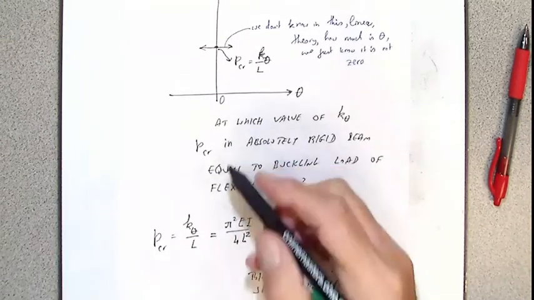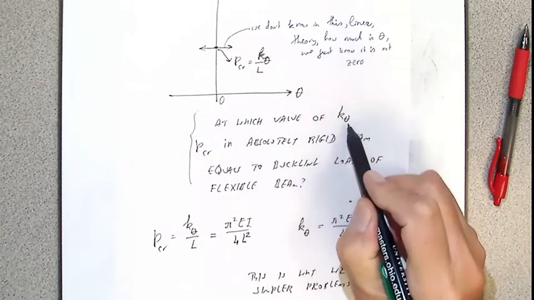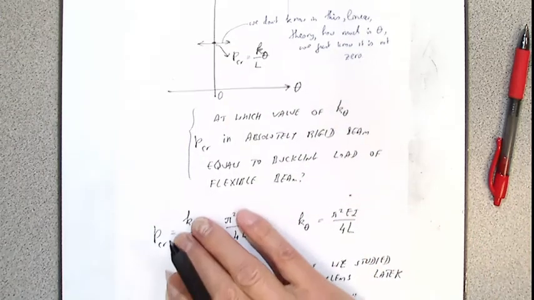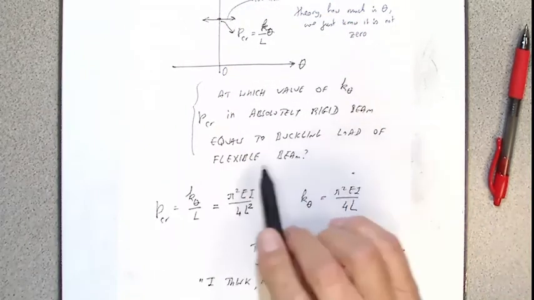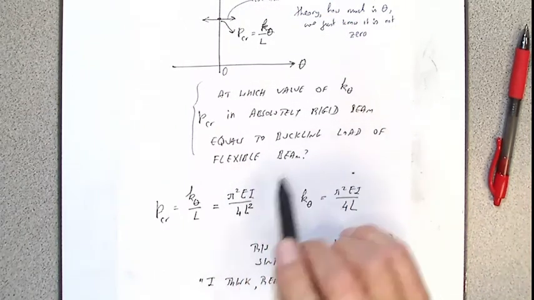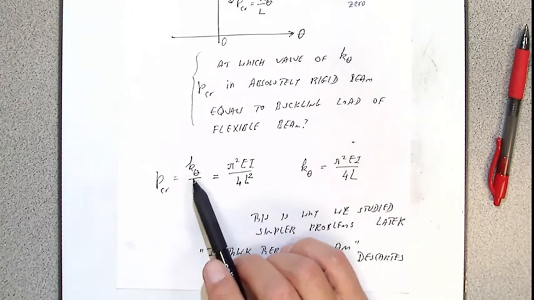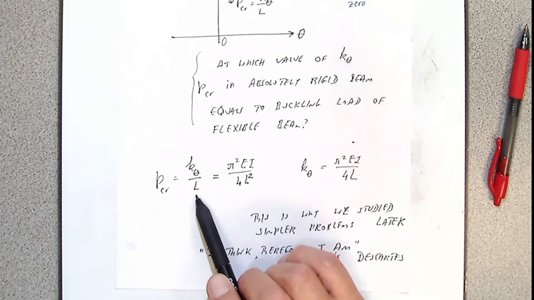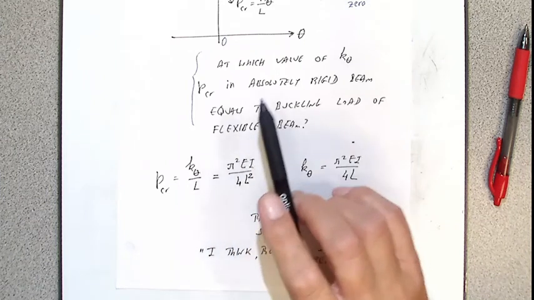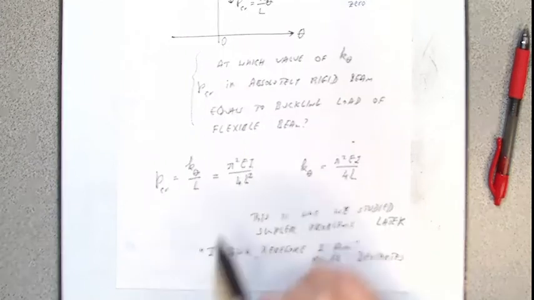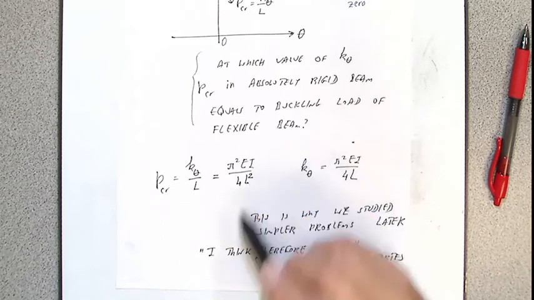Okay, now we can ask the following question. At which value of K theta does P critical in the absolutely rigid beam equal the buckling load of the flexible beam? Pay attention: P critical equals K theta over L, and that is clamped free. This beam was clamped free. Buckling load we just derived, pi squared EI over 4L squared.